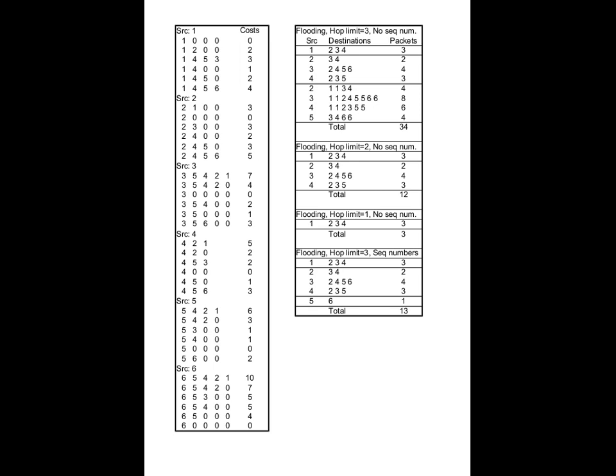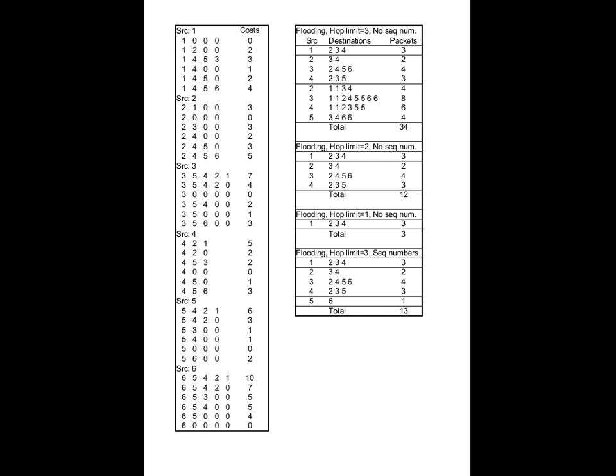If that was true, then there's a path from node 6 to node 1 with a cost of 9. The top path has a total cost of 10. If there was a path from node 5 to node 1 with a cost less than 6, then it means there's a path from node 6 to node 1 with a cost of less than 10.